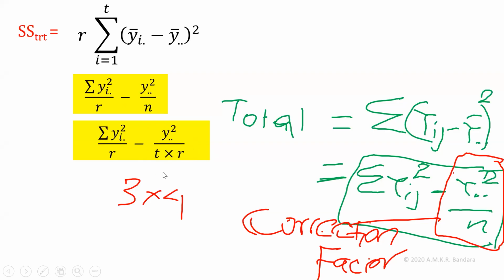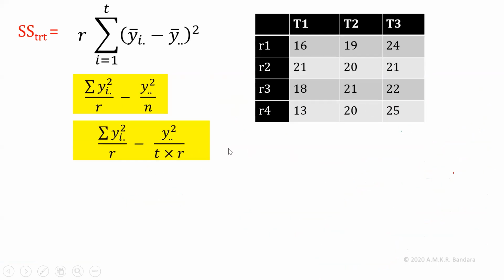I wrote that expansion there. Here, you can calculate this by adding the first treatment total and squaring it, then the second treatment total, squaring it, and the third treatment total, squaring it.